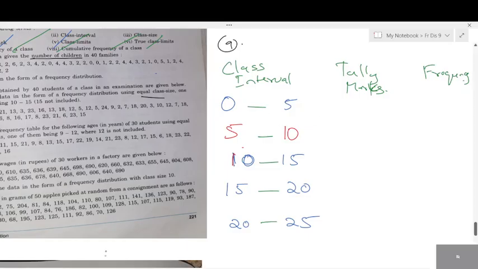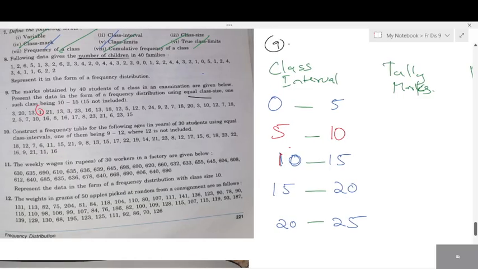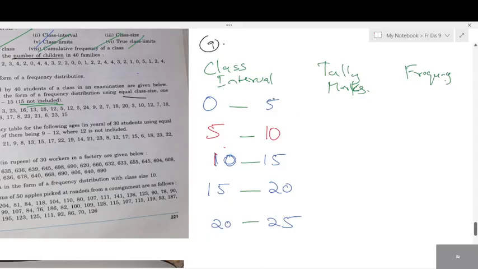Okay, now 0 to 5. What is this, students? Inclusive or exclusive? 15 is not included. What do you mean by that? Inclusive or exclusive? So which one should I exclude here? Yes, upper limit for all the values, just exclude. What will you consider from 0 to 4? Only 0 to 4? How many values are there from 0 to 4?